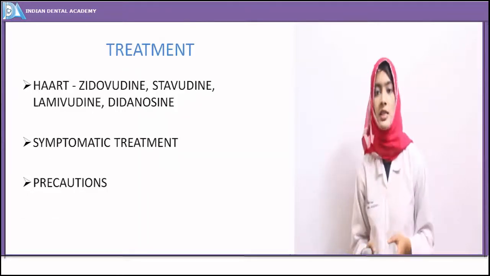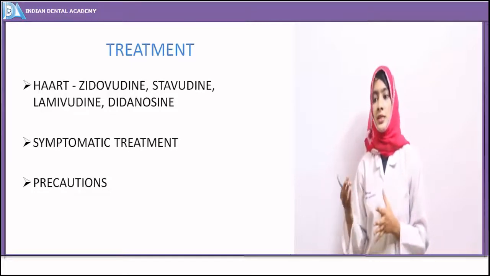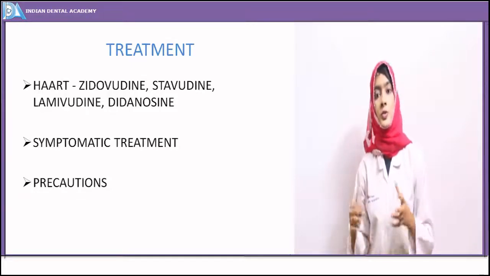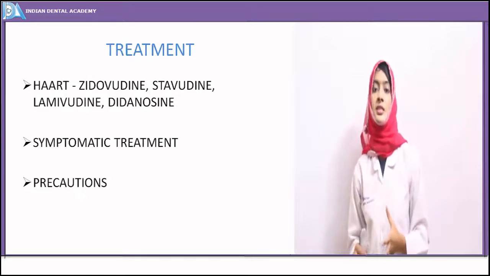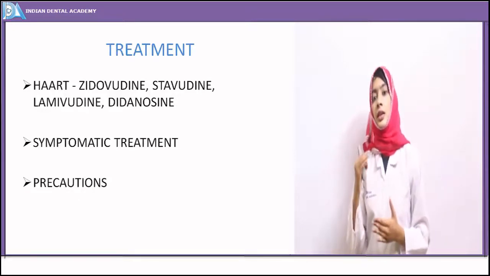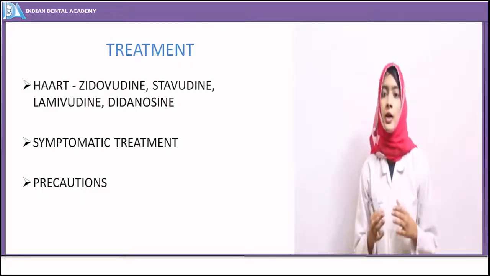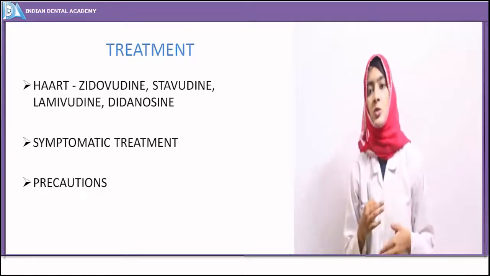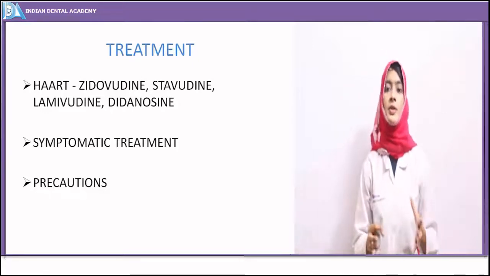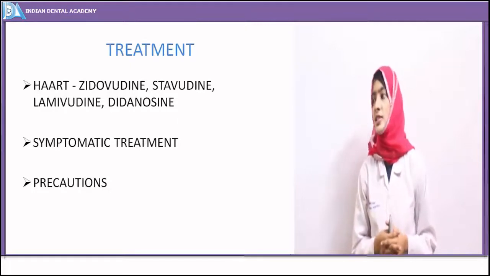So after diagnosing a lesion, you have to take proper care, because there are high chances of transmission from individual to individual. As we know, HIV is transmitted by blood or body fluids, right? So care has to be taken that you do not come into contact with the infected person's blood or body fluids.